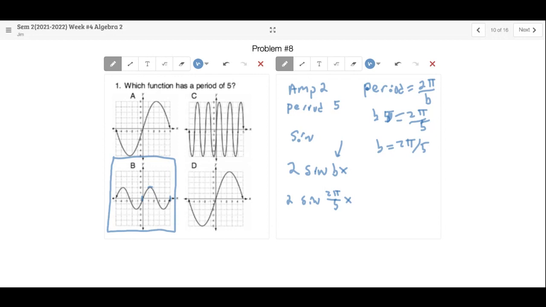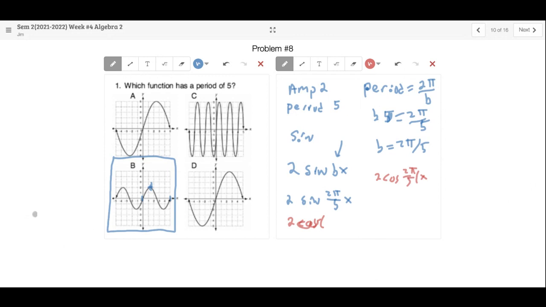If I asked you to write it as a cosine equation, then you would just do 2 cosine of 2 pi over 5 x, and then how far did I shift it? Cosine would start over here, wouldn't it? So it just shifted what? How many places to the right?